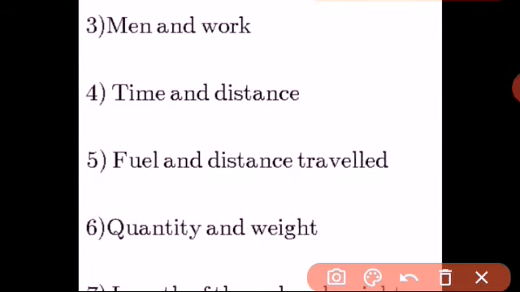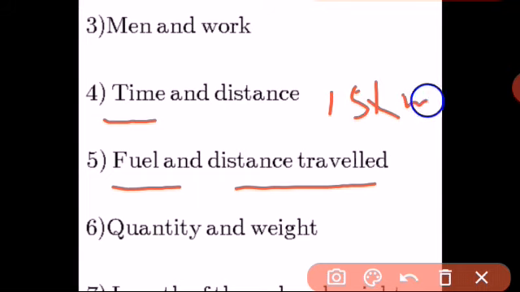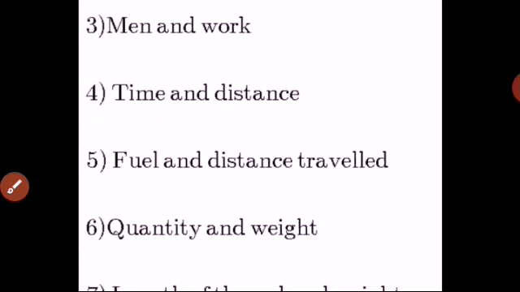Time and distance: if you move 10 kilometers in 1 hour, in 2 hours you will move 20 kilometers. Fuel and distance traveled: for 1 liter it gives a mileage of 15 kilometers, for 2 liters it will give 30 kilometers.